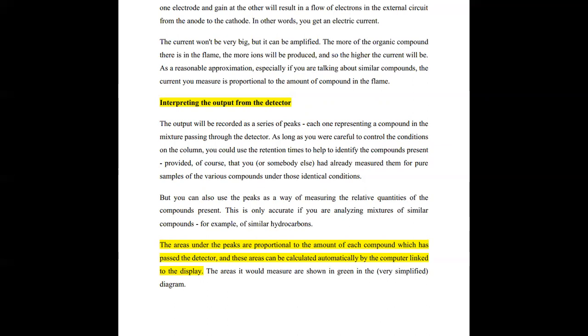Now there are two things here. There's a method that we use in the lab, and there's a method that we use in the industry. When we were in school, we were calculating these things by ourselves.